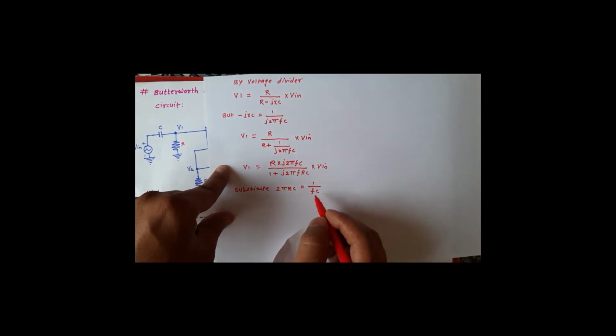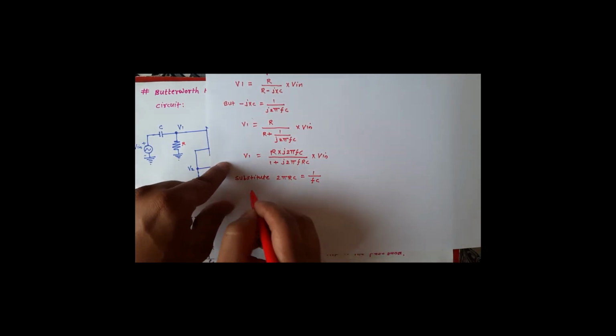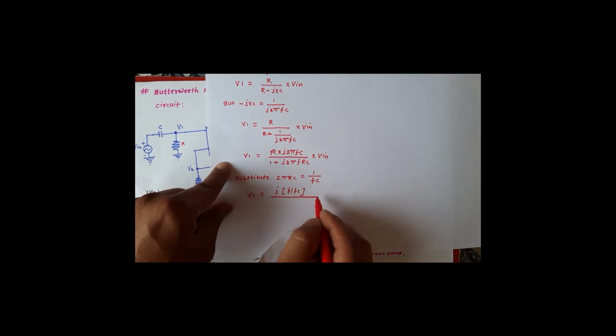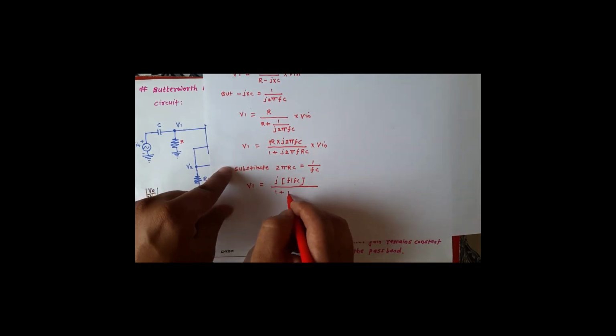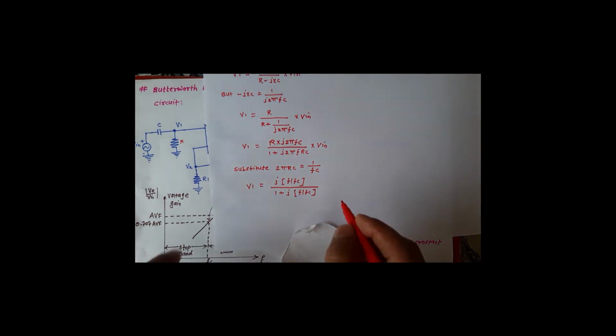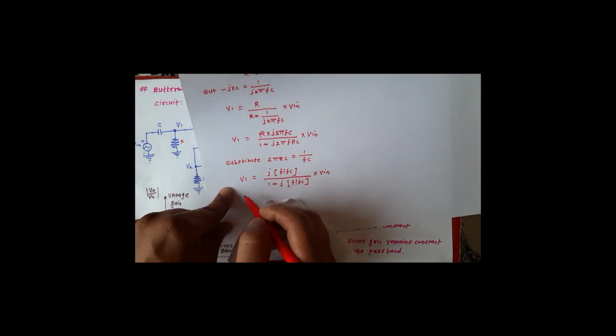So V1 becomes equal to j into f upon fc upon 1 plus j into f upon fc into Vin. So this is the voltage V1.